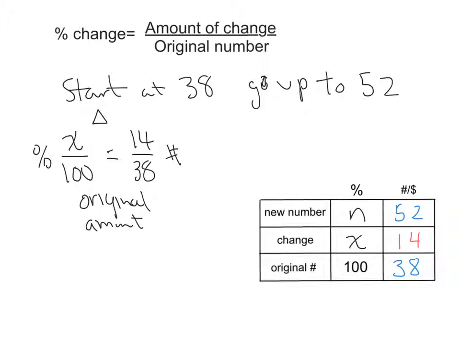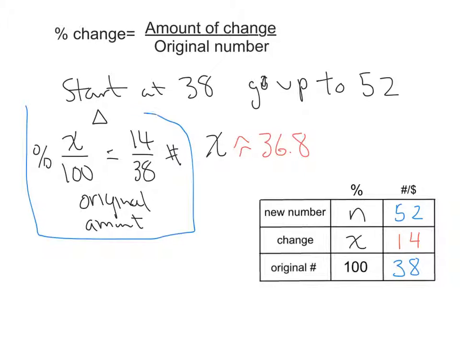When you solve this proportion, you should get that x is approximately 36.8 and some other details. But if you round that to the nearest tenth, it's roughly 36.8. Now, this proportion that we've written, I'll put that in a box here.